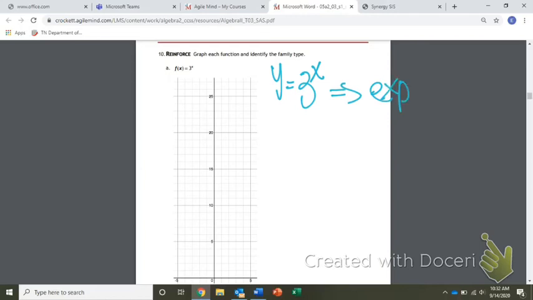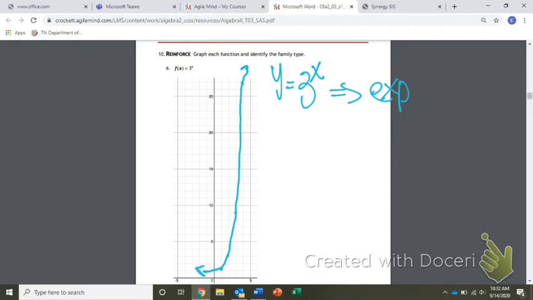So when you graph it, you get something like this.